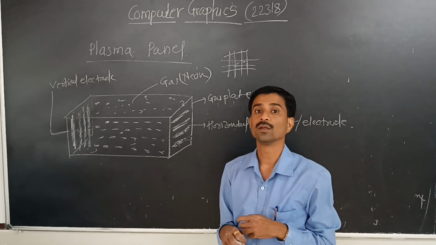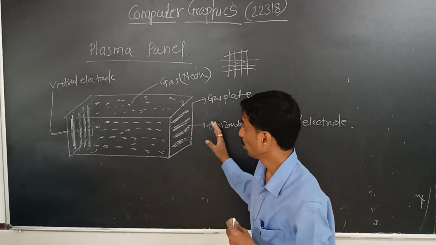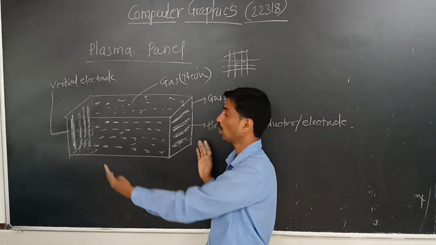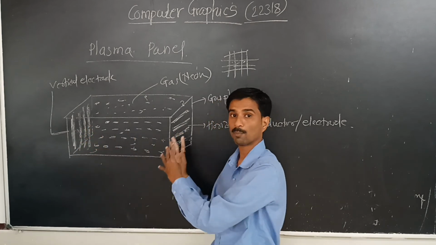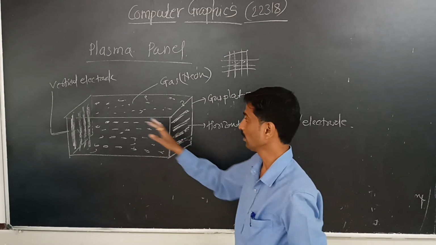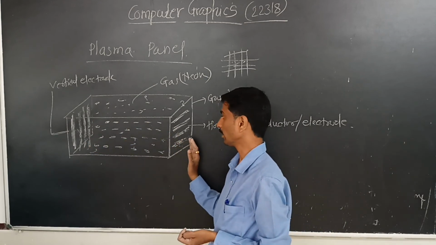So the main important thing is to apply voltage on these electrodes, and the electrodes are arranged perpendicular to each other, making a right angle.